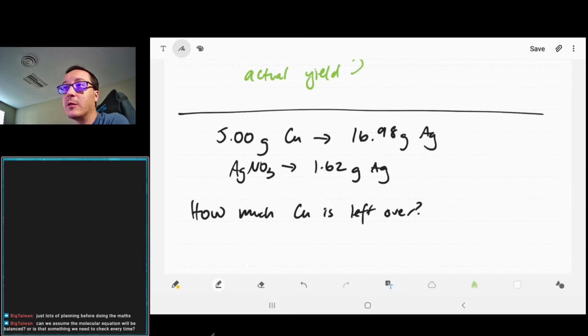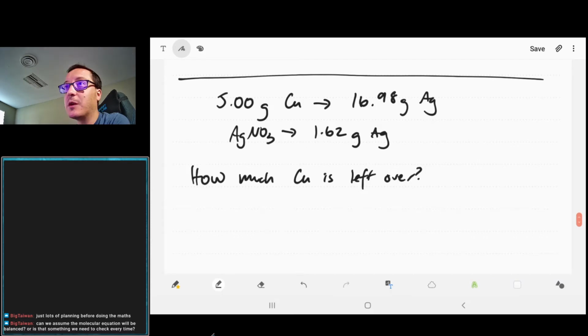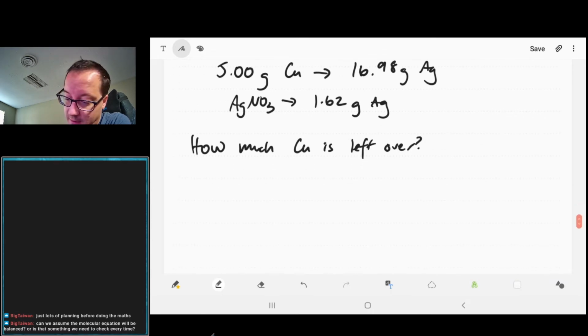And so what you can do as a result of this, you say, okay, well, how much could I make from the copper versus how much do I actually make from the silver nitrate? It's a similar thing here.